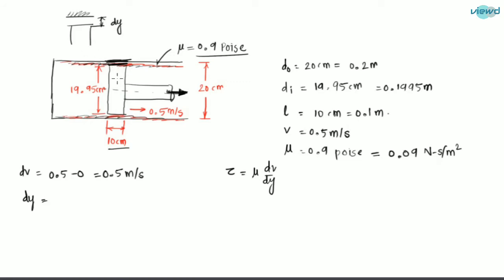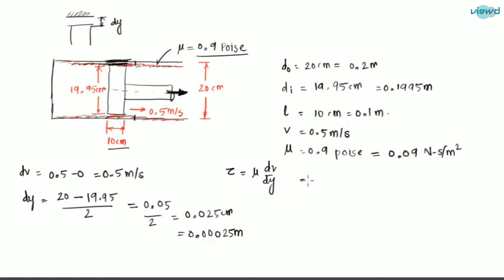So what will be the distance? 20 centimeter minus 19.95, which gives this distance plus this distance. If we divide by 2, we get dy, and we get 0.05 divided by 2, so 0.025 centimeter and 0.00025 meter.